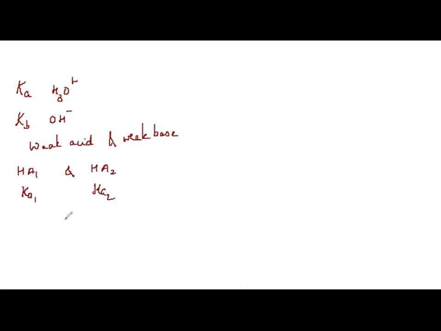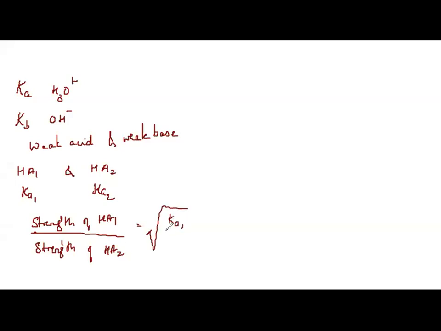So if I want to compare the strength of the first acid to the strength of the second acid, HA2, it will be equal to the root of the dissociation constant of acid 1 to the dissociation constant of acid 2. This is solved actually.